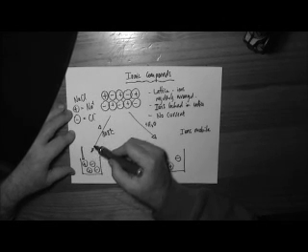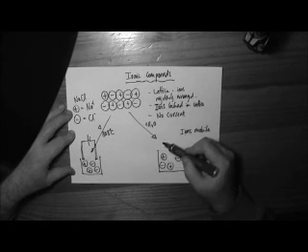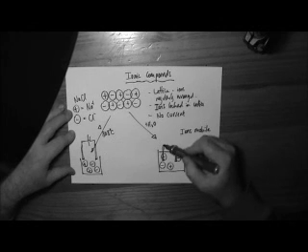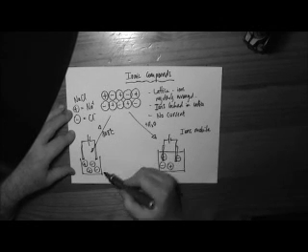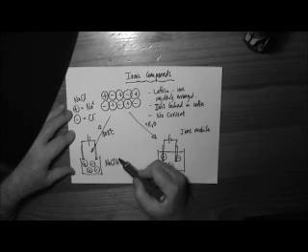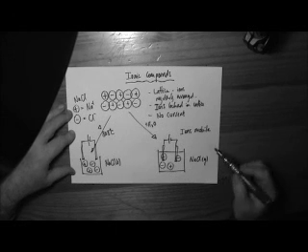Right, let's put some electrodes into this one, and let's put some electrodes into this one. In this case, this would be called NaCl liquid, and this one would be called NaCl aqueous.